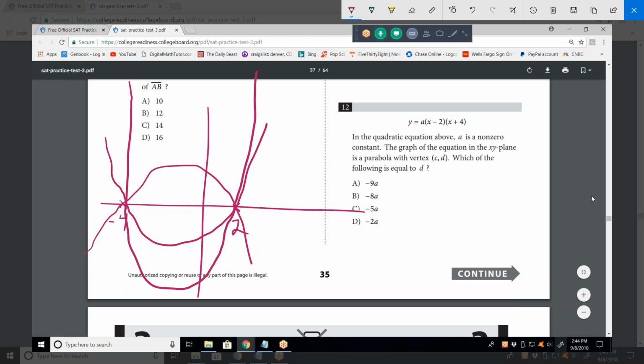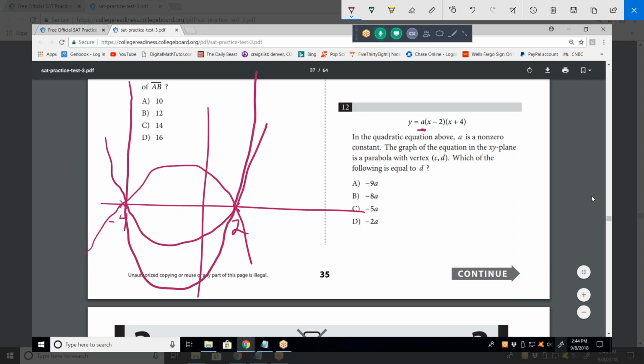In other words, a skinnier parabola that goes through those same intercepts. And depending on what A is, we get one of these curves. There are literally an infinite number of curves that would all be parabolas. They would all go through those intercepts.